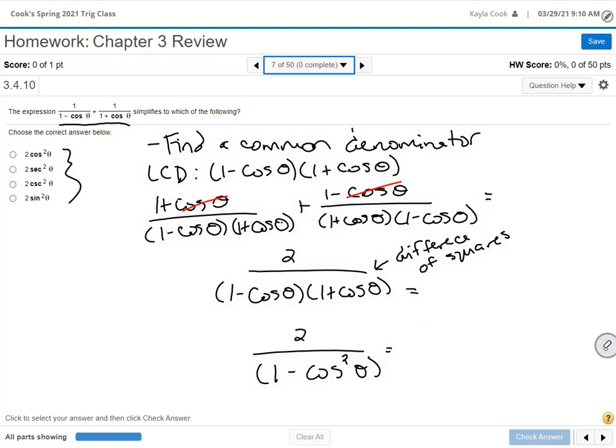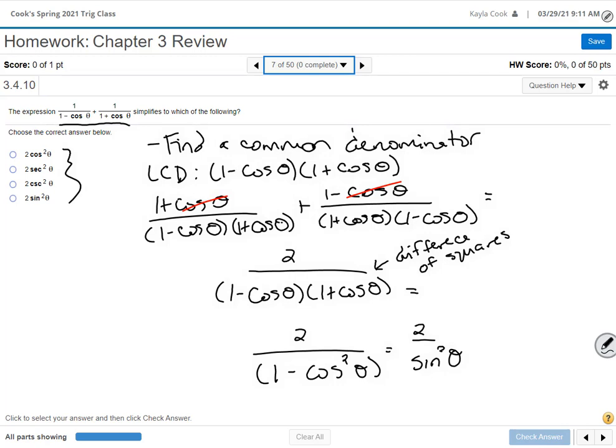So that denominator simplifies to 2 over sine squared theta. That still does not look like one of my multiple choices. So let's write this expression without a fraction.